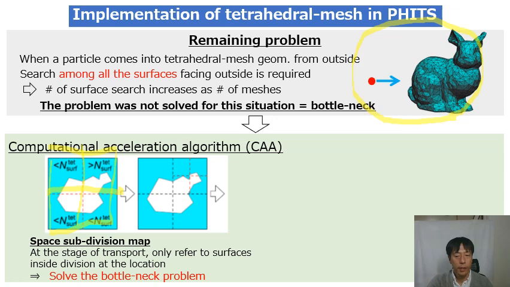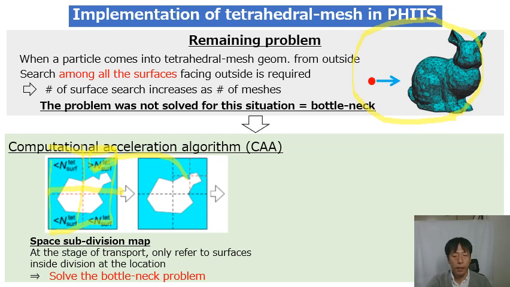If the number of surfaces exceeds the defined parameter, we subdivide the region again. We continue this process until all the regions satisfy the condition that the number of surfaces is less than the parameter.